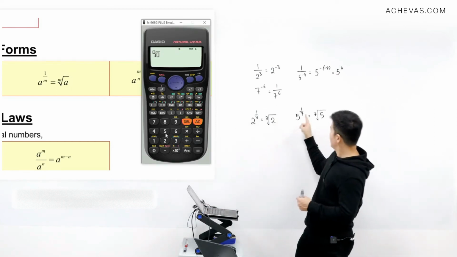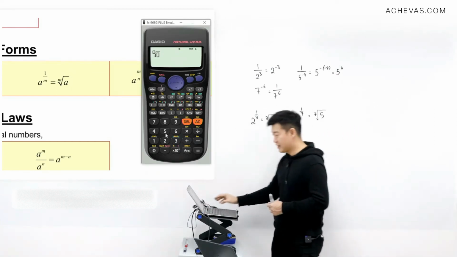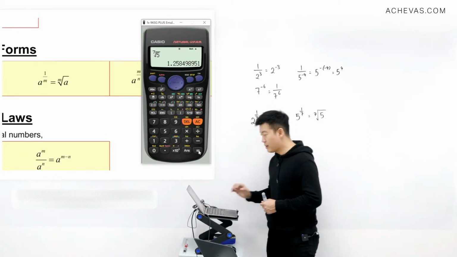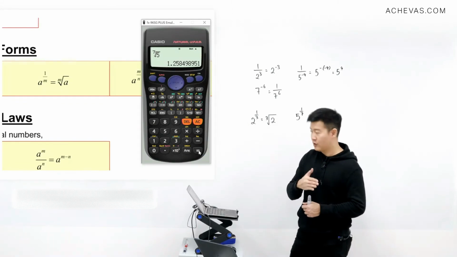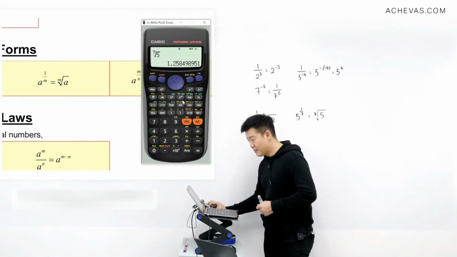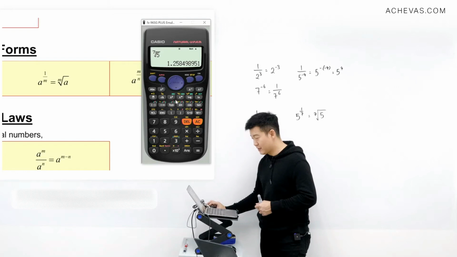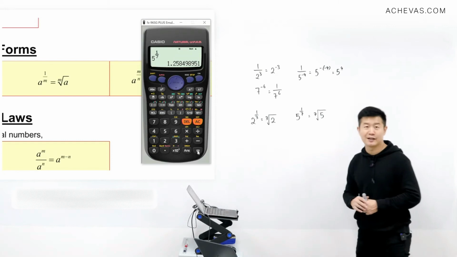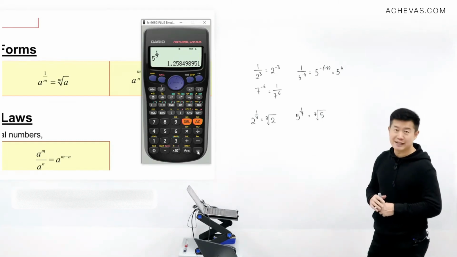Here, it will be the 7th root of 5. This is equal to 1.25849 and so on. So is this the same as 5 to the power of 1 over 7? Let's find out. 5 to the power of 1 over 7 is equal to 1.25849 and so on. Okay, they are numerically the same.